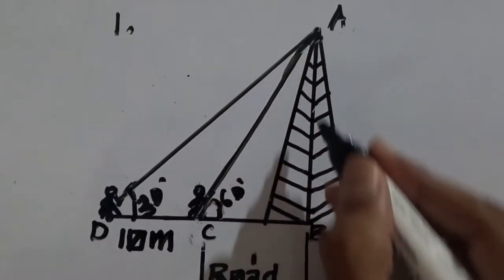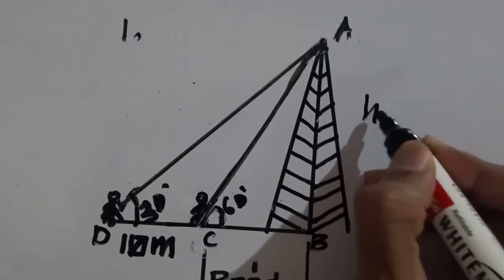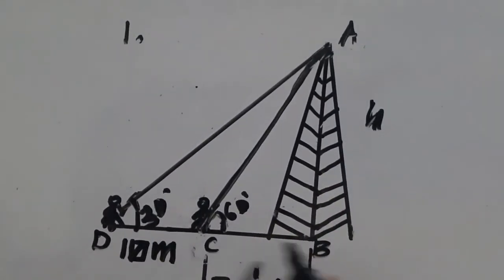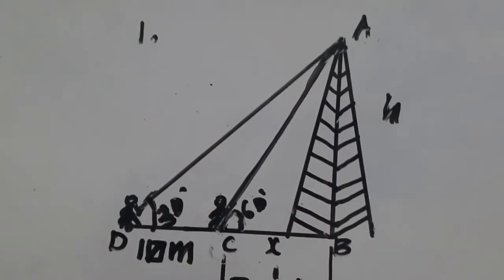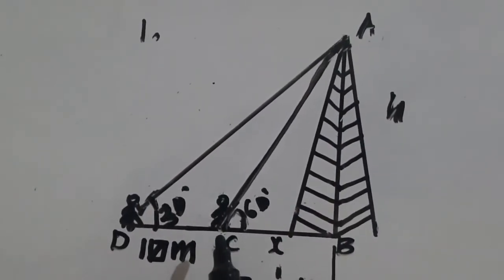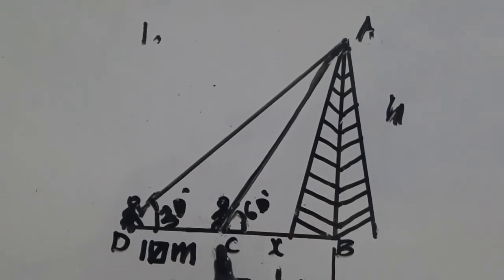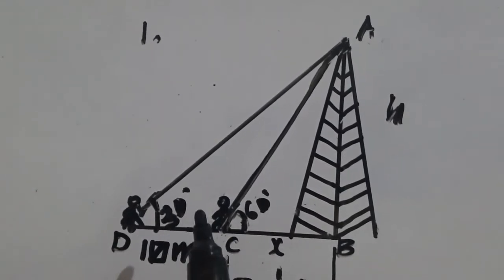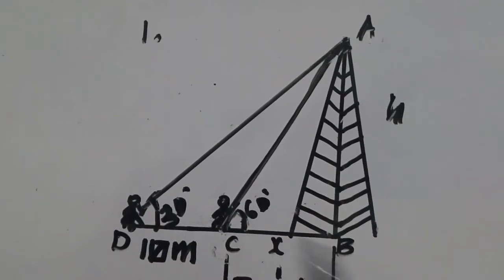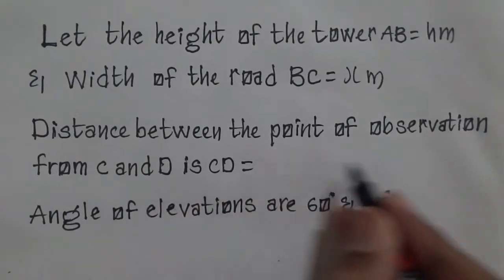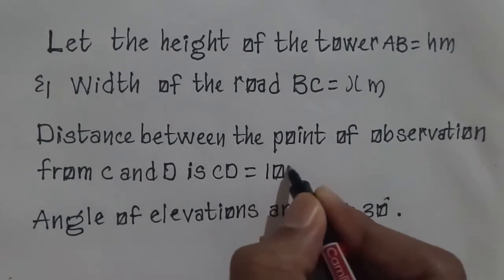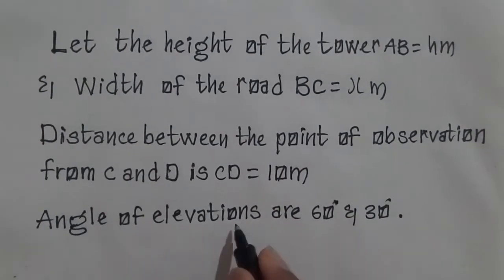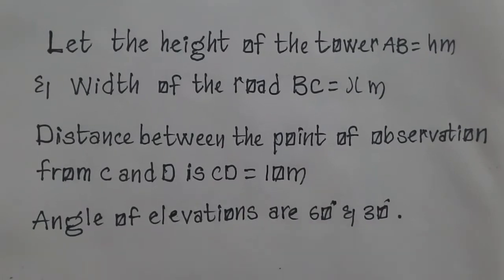The distance between the points of observation C and D, CD, is equal to 10 meters, and the angles of elevation are 60 degrees and 30 degrees. This is given.